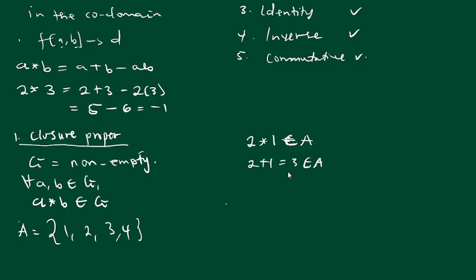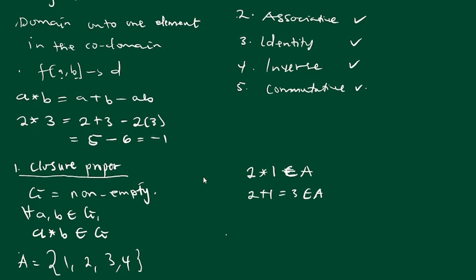Any operation we perform should give an element which is also a member of the set. Then we can say it is closed.